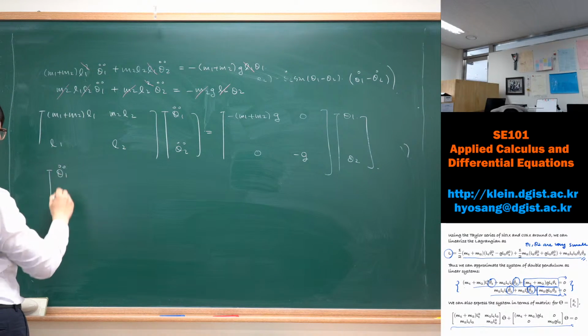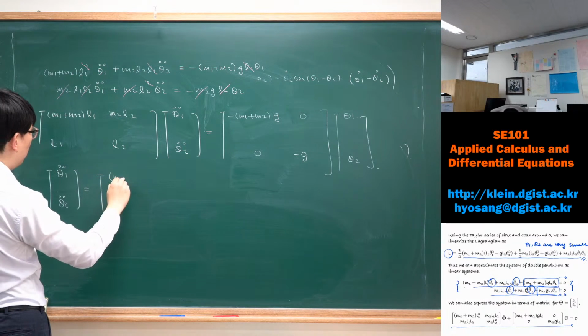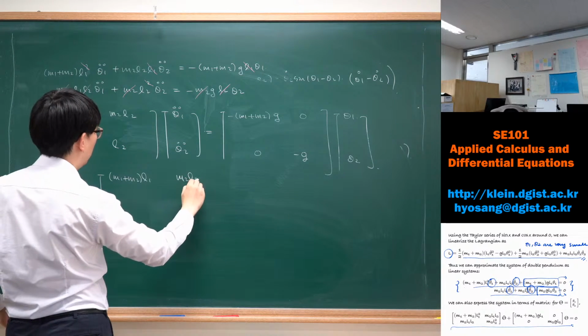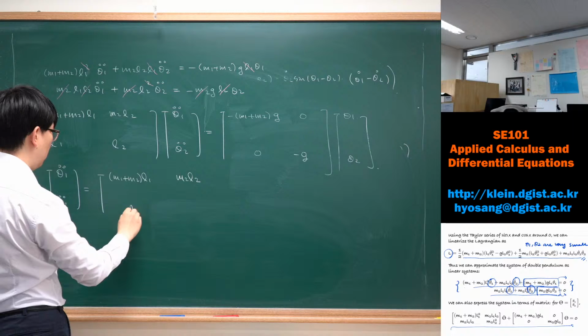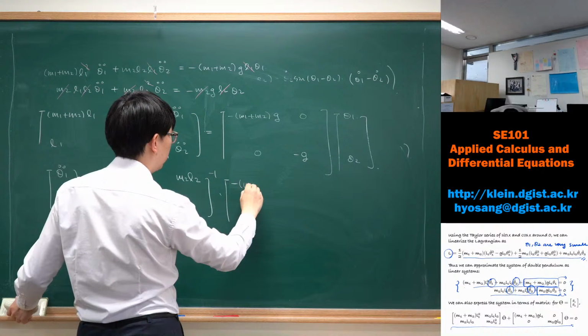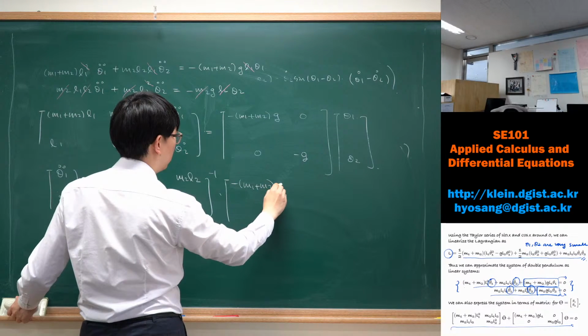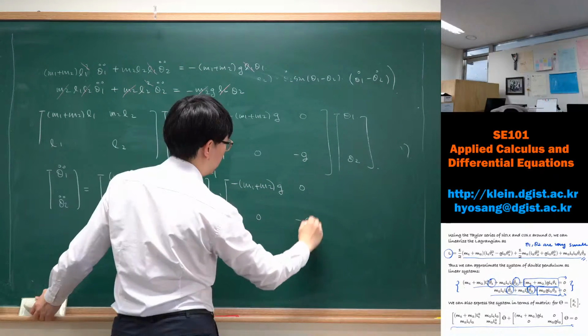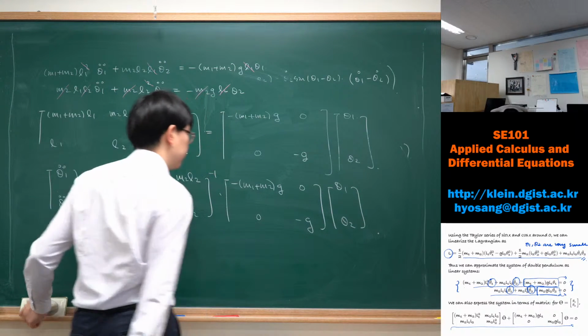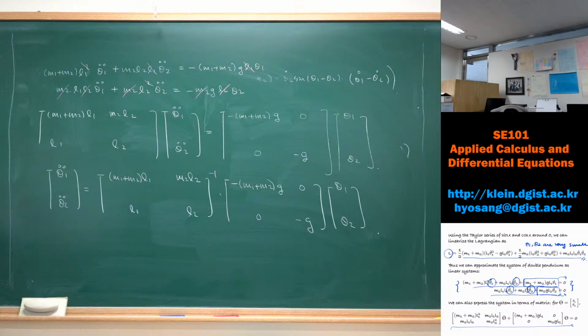So zeta 1 double dot, zeta 2 double dot equals M1, M2, L1, M2, L2, L1, and L2 inverse times minus M1, M2, G, 0, 0, minus G times zeta 1 and zeta 2. Okay? So this is the differential equation.